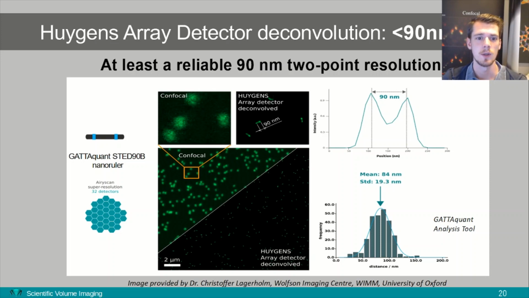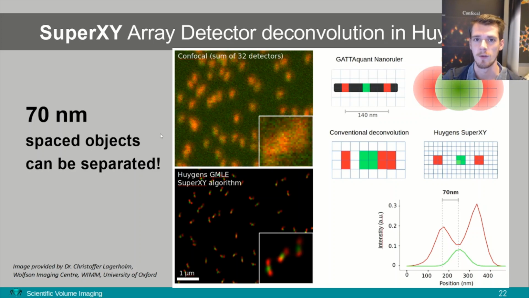From this image we can obtain at least a 90 nanometer 2-point resolution on single channel images. However, using a Super XY array detector deconvolution on multi-channel images of GATTAquant nanorulers, we were able to separate differently stained objects that are spaced 70 nanometers apart.